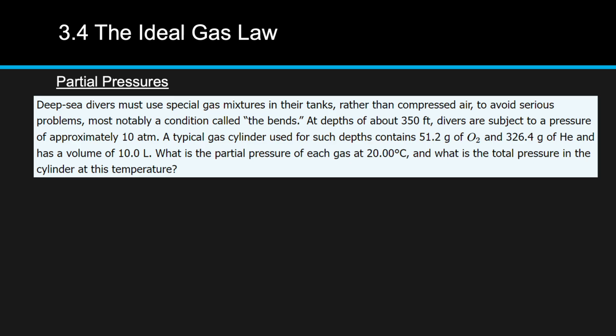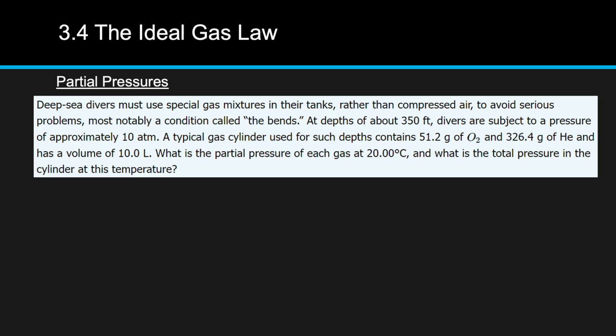A typical gas cylinder used for such depths contains 51.2 grams of O2 and 326.4 grams of helium and has a volume of 10 liters. What is the partial pressure of each gas at 20 degrees Celsius, and what is the total pressure in the cylinder at this time? So you can see we're given a pressure unit, we're given volume, and we're also given temperature. So all we really need is moles in order to find pressure.